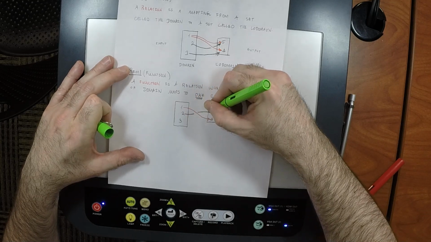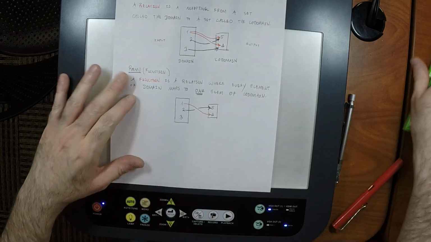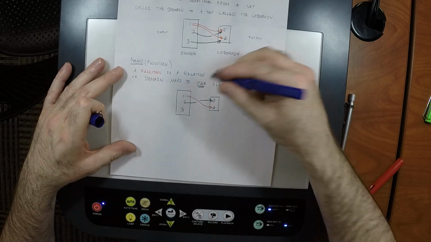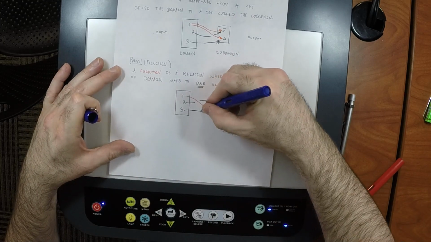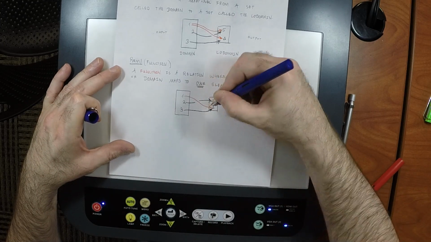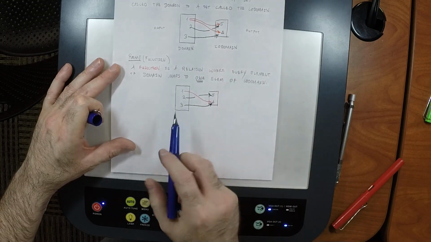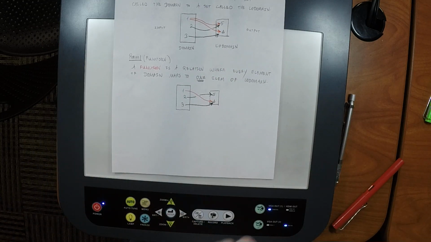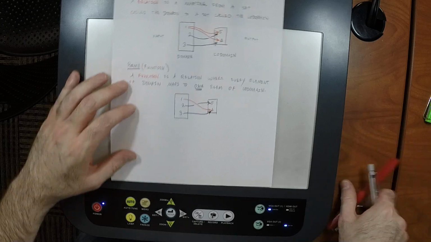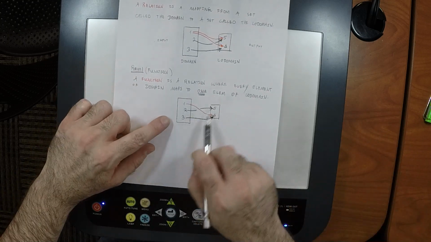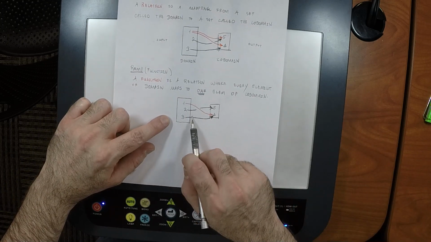Two is related to 5. And 3 is still related to triangle. So notice that the way this works, now there's 1 arrow leaving every element in the domain.